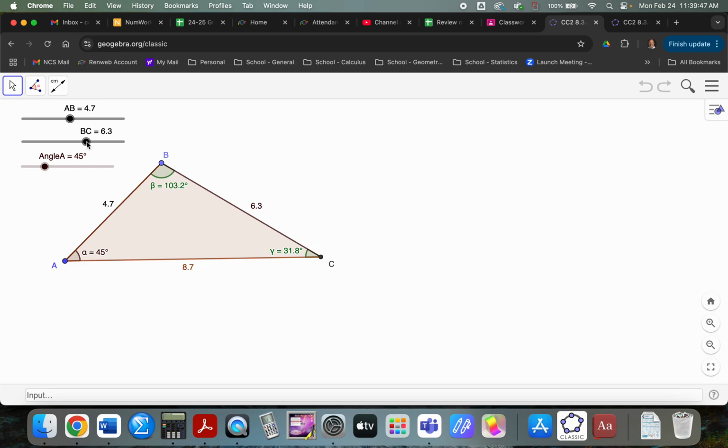So right now, I've got a side of 4.7, a side of 6.3, and an angle of 45. And the angle is not in between the two sides, and it's working just fine. And I can, oh, wait a minute. I now have two completely different triangles that have those same things.